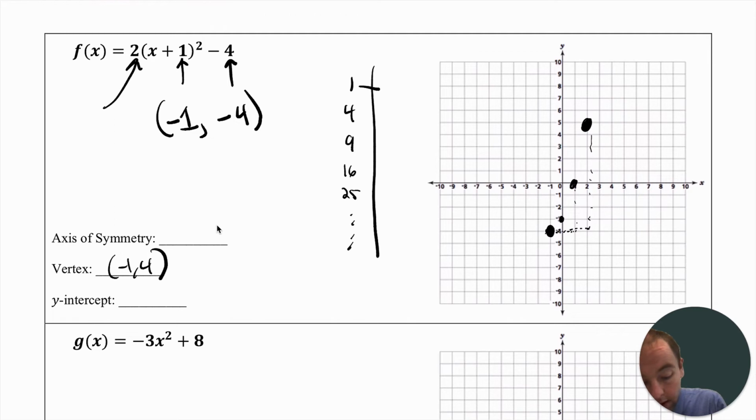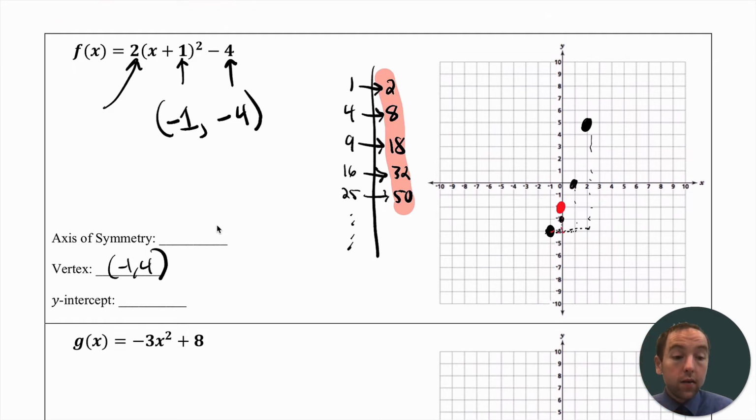So that means that 1 is going to turn into 2, and 4 turns into 8, and 9 into 18, 32, 50, etc. So when I go over 1, I'm going to go up 2 instead, because that's double as far.